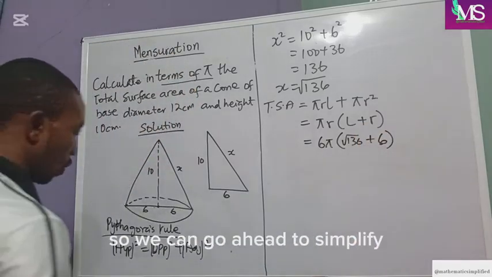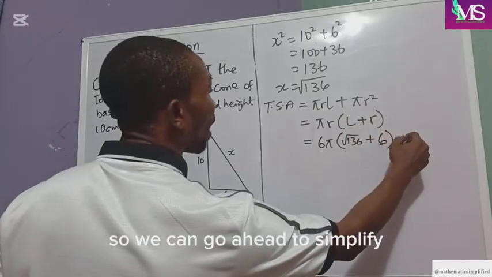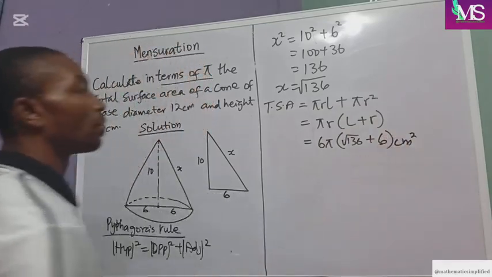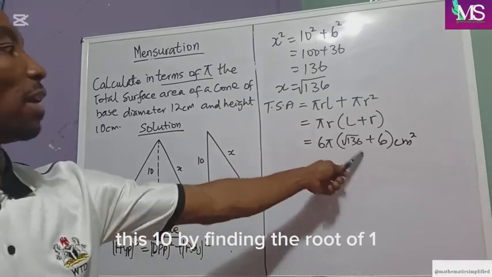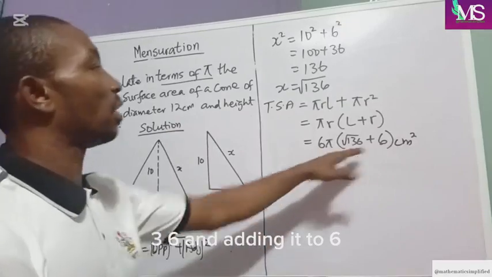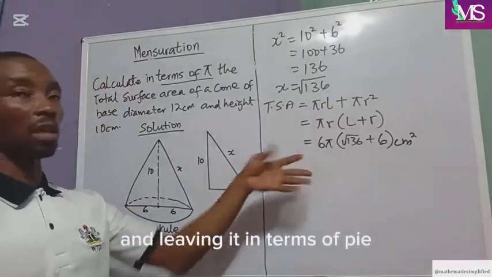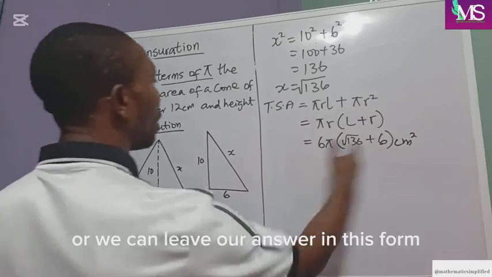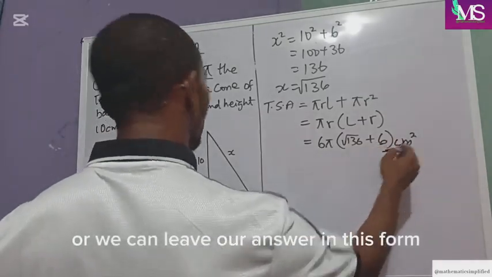So we can go ahead and simplify this term by finding the root of 136 and adding it to 6 and leaving it in terms of pi, or we can leave our answer in this form.